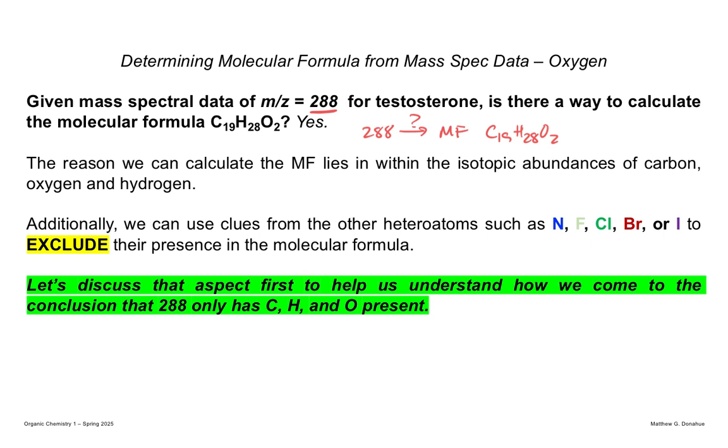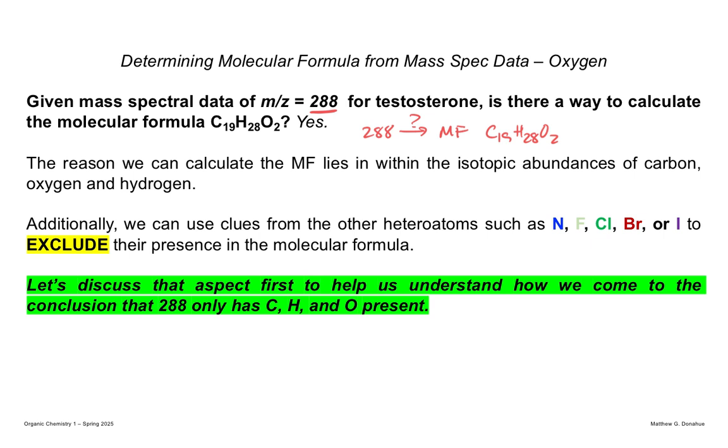The reason that we can answer this question lies in those isotope abundances of those elements. Because for any element there are those isotopes, the natural abundance numbers we can use to our advantage. And to frame this question, we want to figure out the C19H28O2.